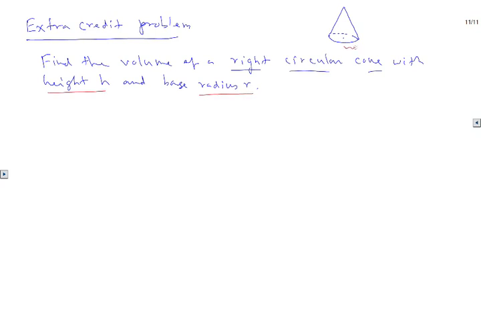So the radius is r, the height is h. Okay, so if you want to do this, you can do this problem and send it to me, and you can get some extra credit.